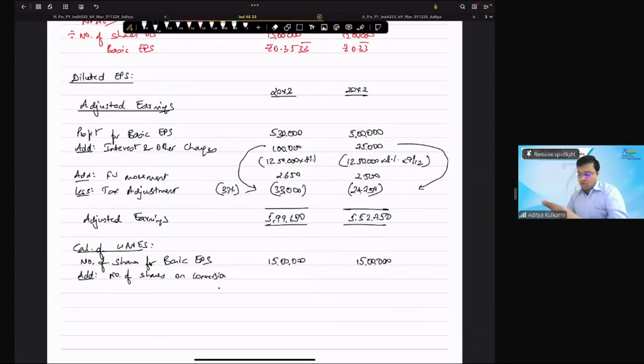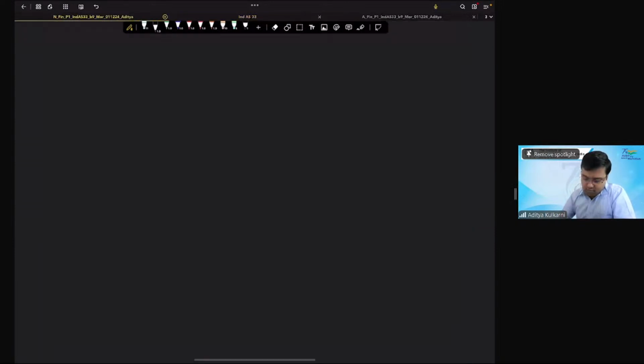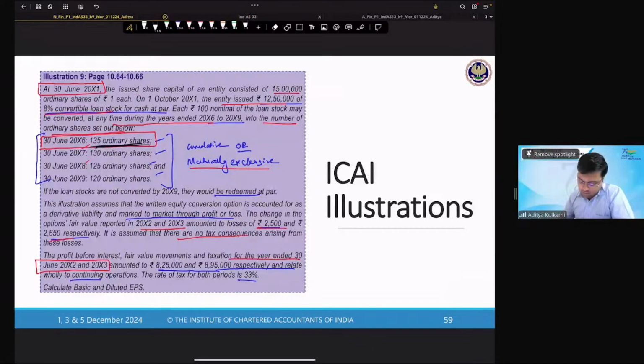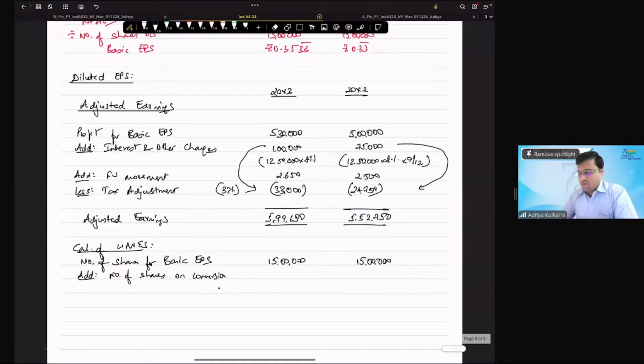12,50,000, obviously we take it as rupees 100 each. Yes, it's given each rupees 100. So 12,50,000 divided by 100 is 12,500, into 135.